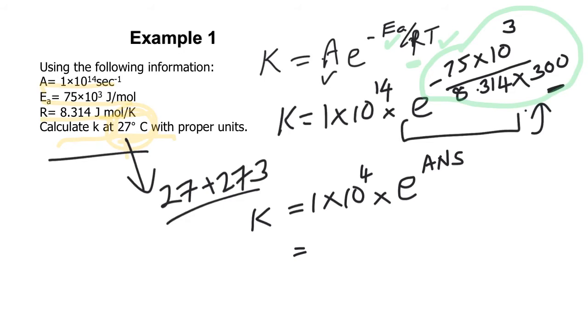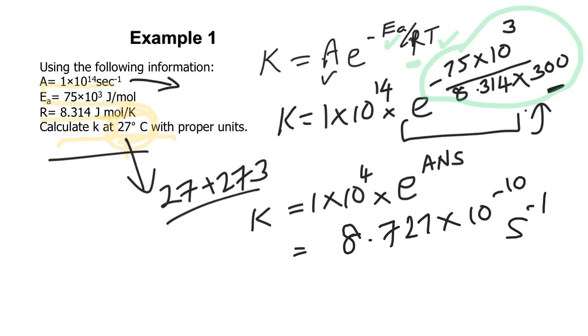You should have got 8.727 times 10 power minus 10. So that will be the rate constant. This should have a unit of per second. I'm saying that because the pre-exponential factor and the rate constant have the same unit.